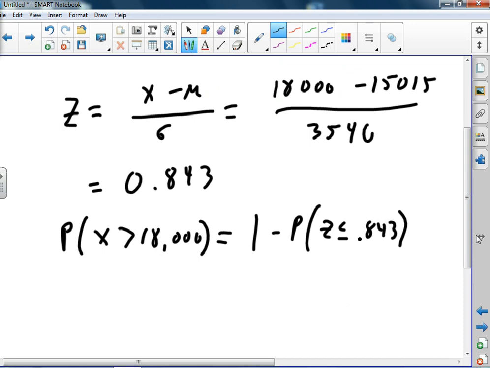Okay, so now I lost my place in the book, but I can find it quickly, I imagine. So I go back to page 605, and I look at 0.84, and that's the best I can get. So I'm going to use 0.84.